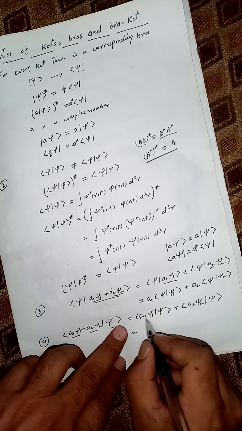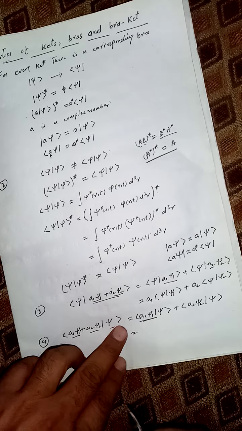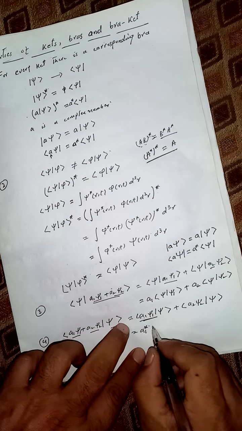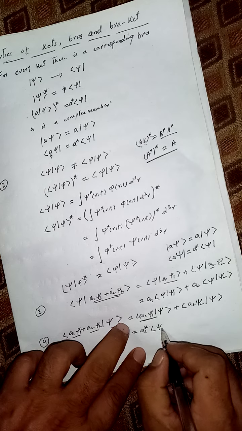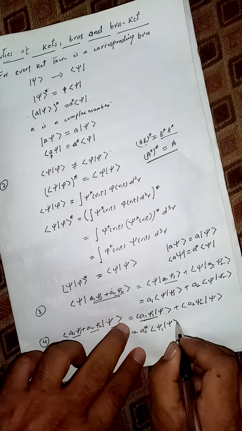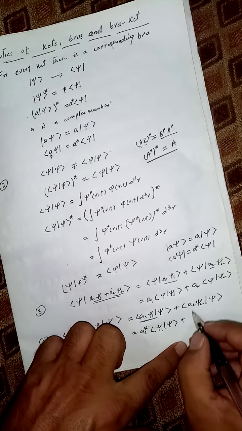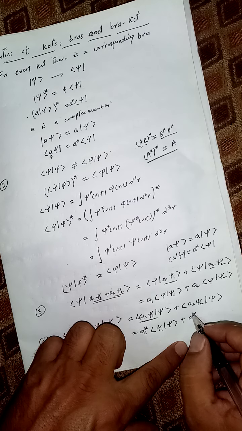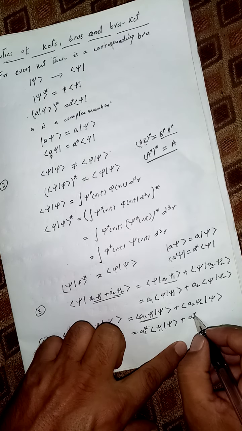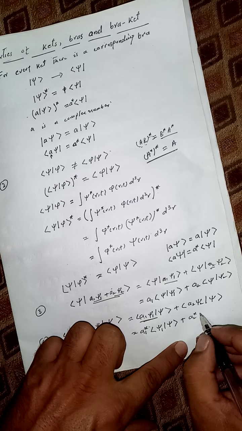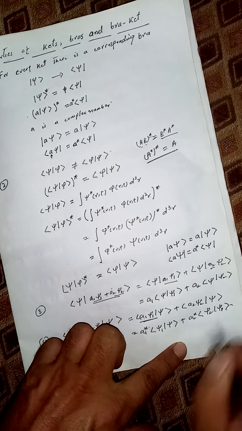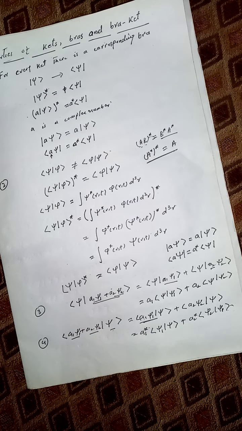Now a1 is inside a bra, so I have to take it outside by taking the complex conjugate, and we are left with a1 star times the scalar product of psi 1 with psi, plus a2 star, taking it outside of the bra vector, so we have to take the complex conjugate, times the scalar product of psi 2 with psi. This is another property.